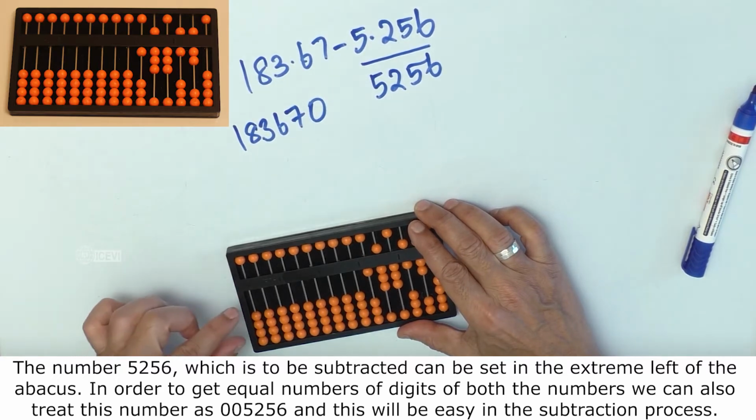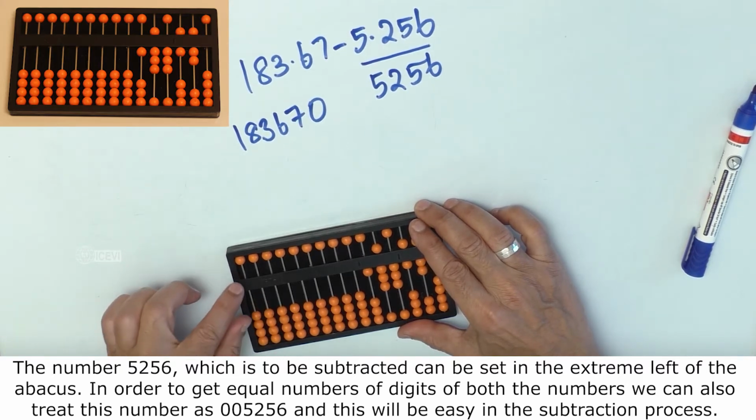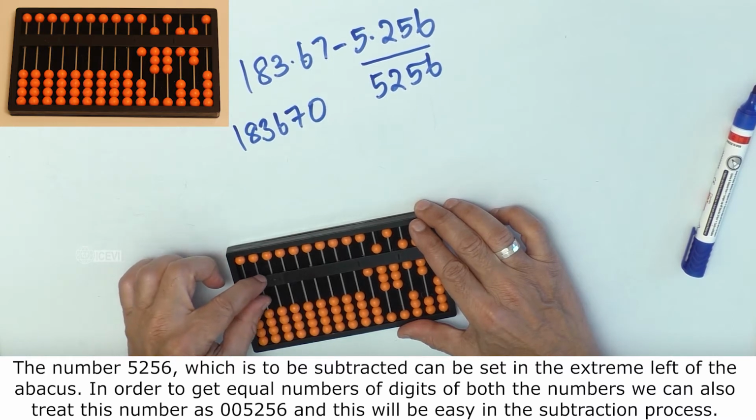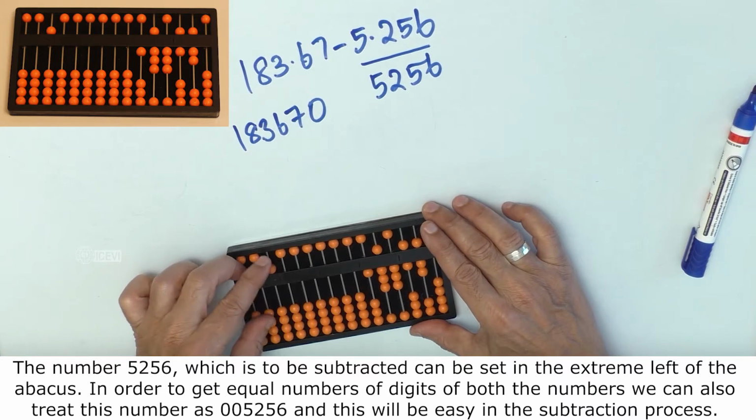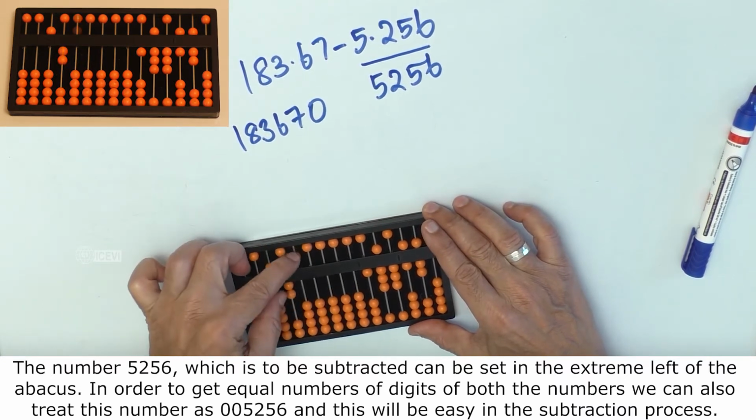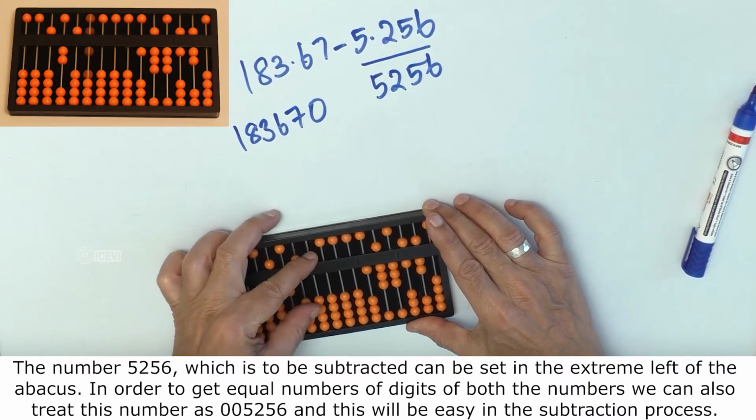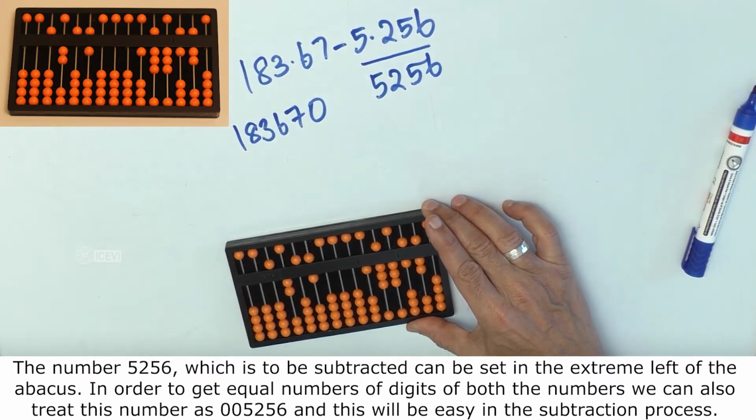In order to get an equal number of digits in both the numbers, we can also treat this number as 0, 0, 5, 2, 5, 6. And this will be easy in the subtraction process.